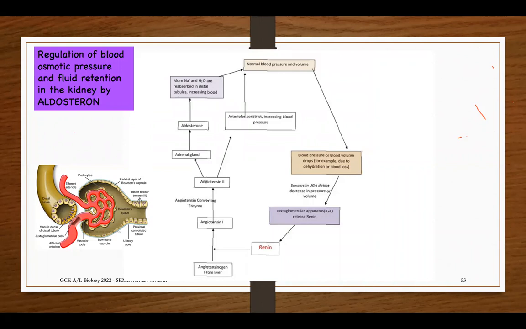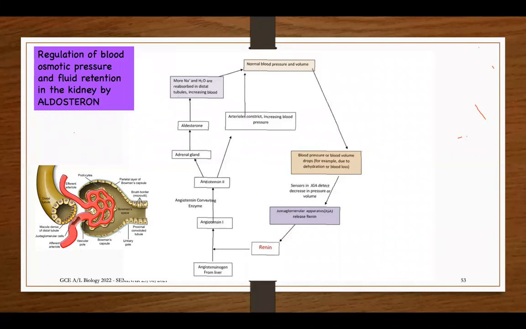This drop in pressure or volume is detected by the sensors in the juxtaglomerular apparatus, and it secretes the enzyme renin.